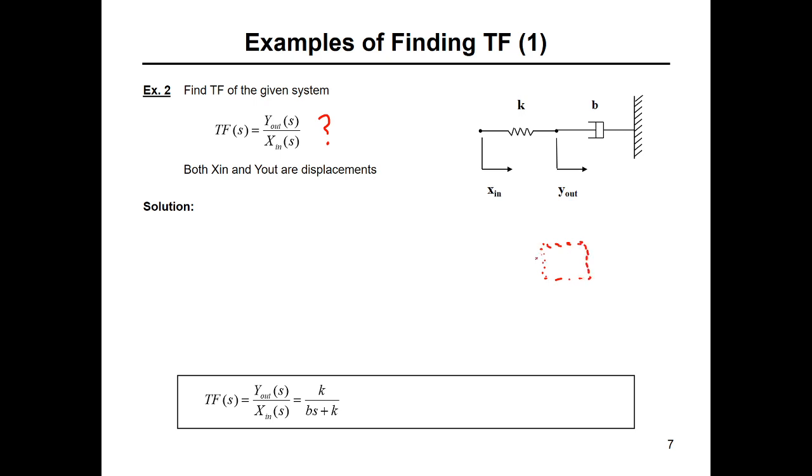Later I'm not going to use this procedure. So I'm going to use m naught, where m naught is equal to 0. This is an imaginary mass, and this is the displacement y.